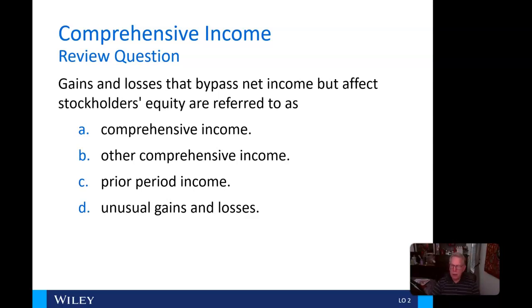Having just come from the prior slide, you would know that the correct answer is B, other comprehensive income. So again, comprehensive income includes net income plus other comprehensive income.